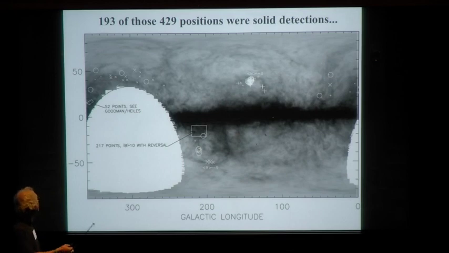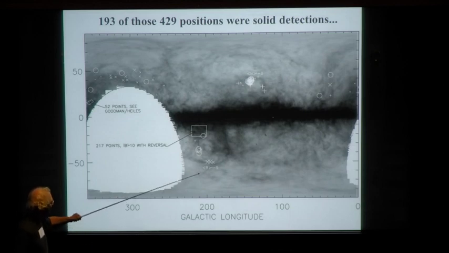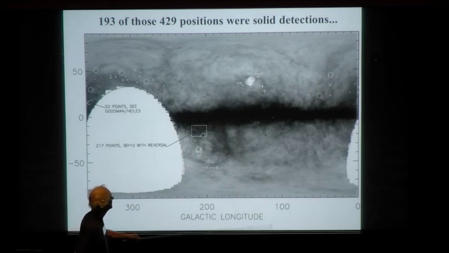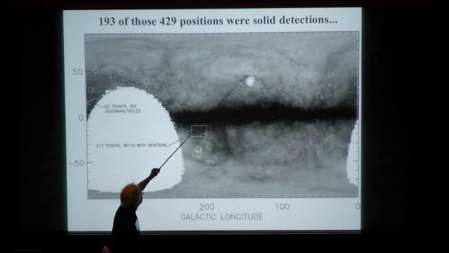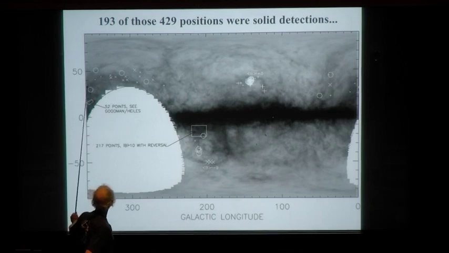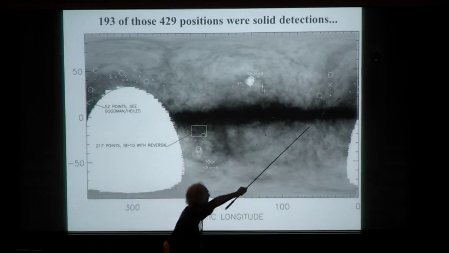Here is the distribution of all those measurements. We tried to look at shell walls, where you expect the field to be high, because we wanted some detections. Some shell walls up here. This is the big North Polar Spur superbubble, which winds around over here.